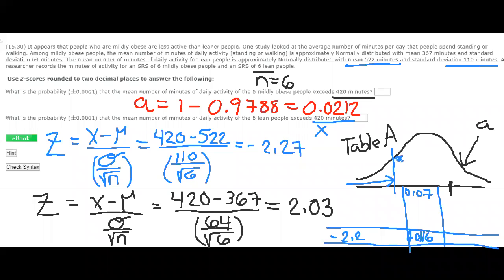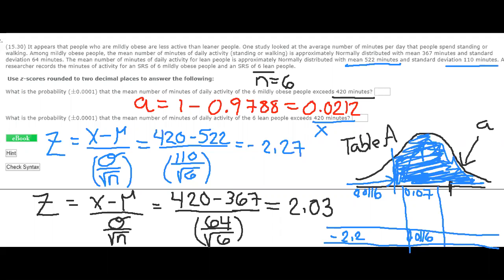So this time 420 is below the mean. We're going to end up with a large probability. All right, so this time the area we found is 0.0116 on the left side, but we want the area on the right side.